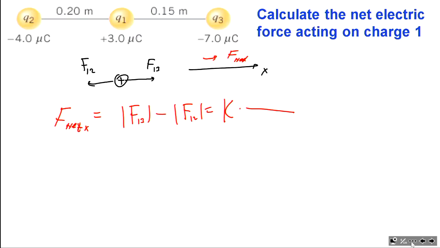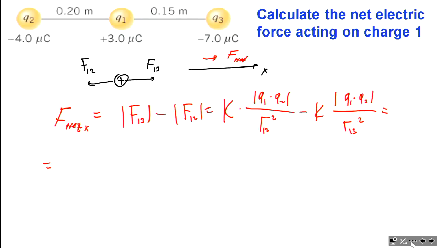The Coulomb's constant, the magnitude of the product of two charges, we can use the one magnitude symbol, and the distance between those charges squared, minus the same constant times the magnitude of charge number 1 and charge number 3, a different pair of charges, divided by a different distance squared.